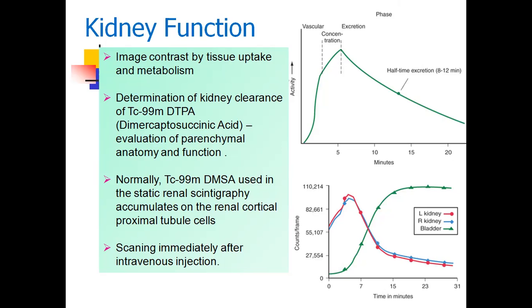The normal curve of clearance of radiopharmaceutical is presented here. Usually it rises up to a peak during the first 5 minutes after injection of the radiopharmaceutical, and then slowly drops down, and half-time excretion is usually observed at 8 up to 12 minutes of examination.